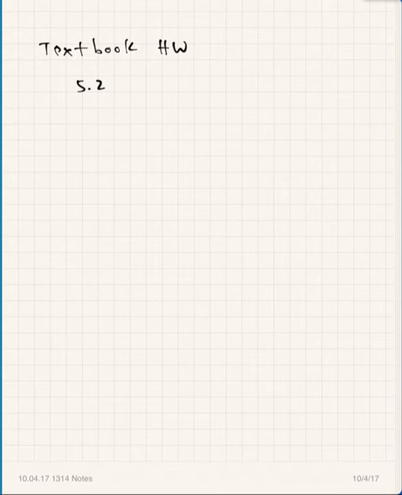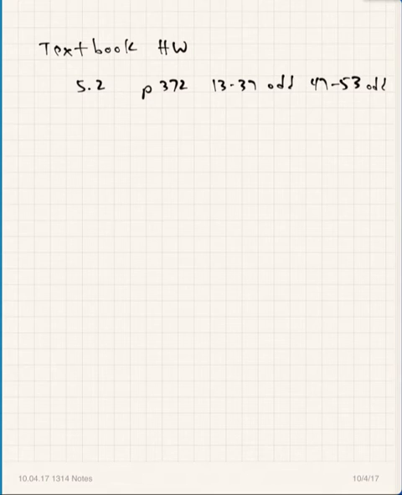So the problems are on page 372 of your book, and this would be problems 13 through 37, odd. And also 47 through 53, odd.